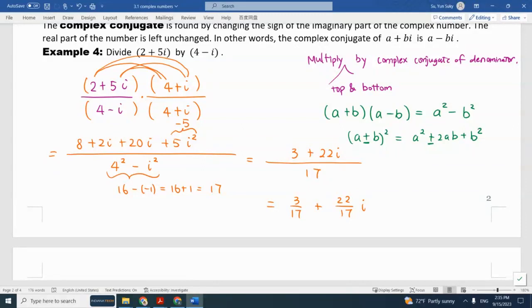So multiply by 2 minus 5i. Oh, yeah, you have a square and you have a square.